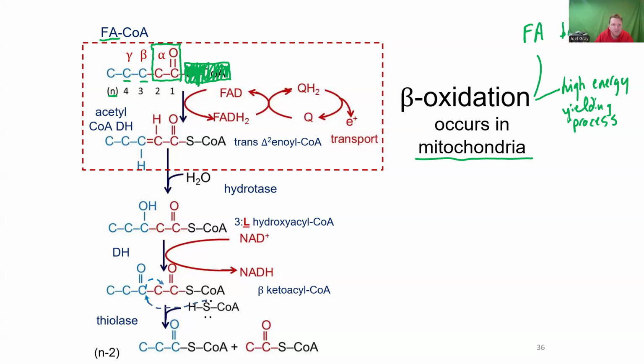That's kind of the objective. That means that this beta carbon, after one round of beta oxidation, is going to be my new carbonyl group. New carbonyl carbon. Okay, so that's kind of your primer.